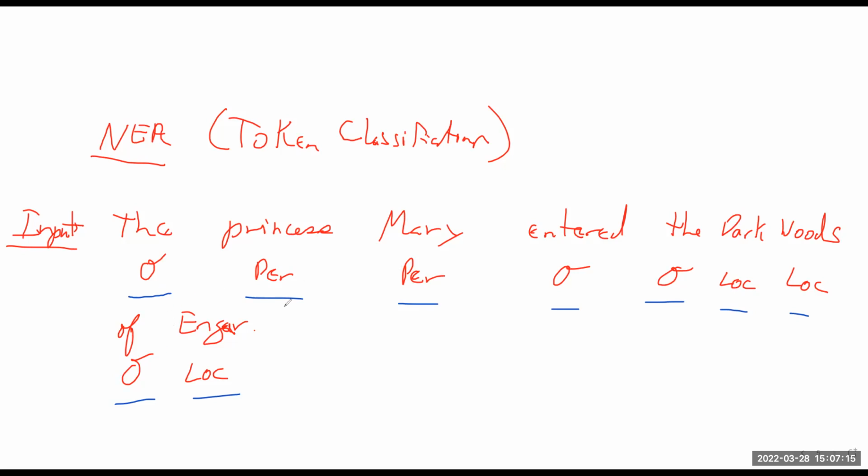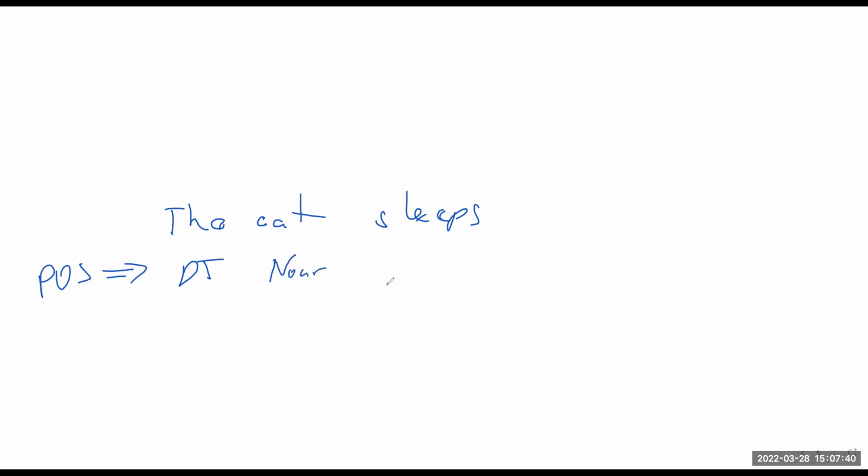And this part of speech tagging is, of course, the cat sleeps or eats. So determiner, what is this one? It's a noun, correct? Verb, and so on.